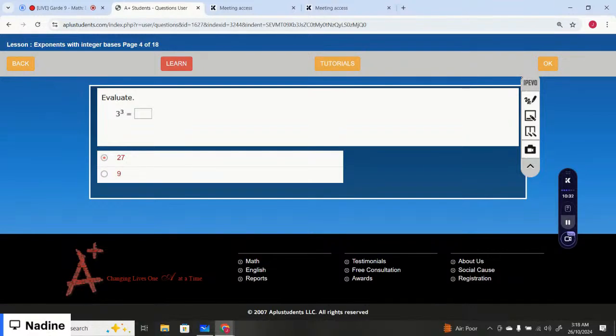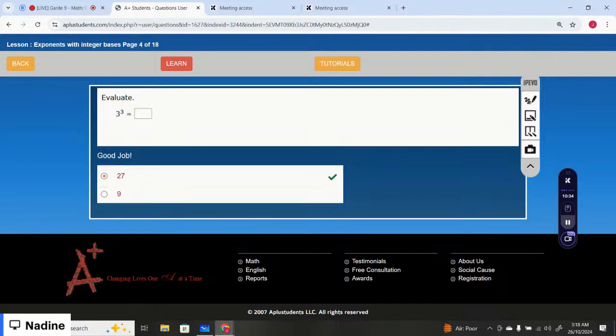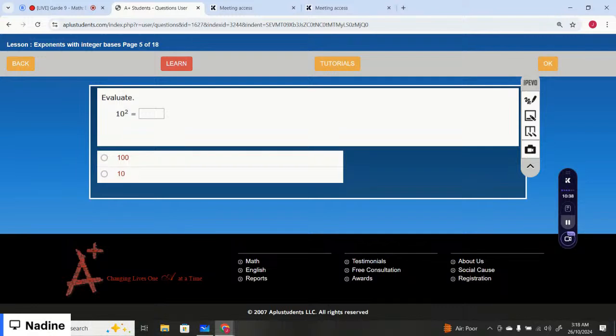Option number 1 is the correct option. That is 27. The next one is 10 square.